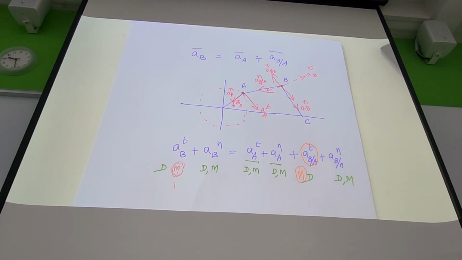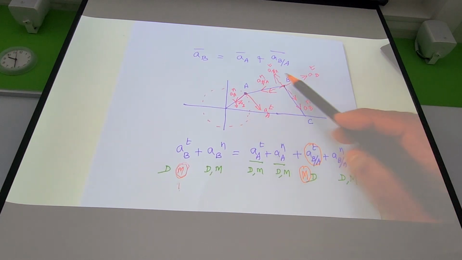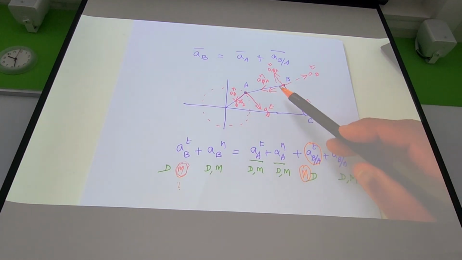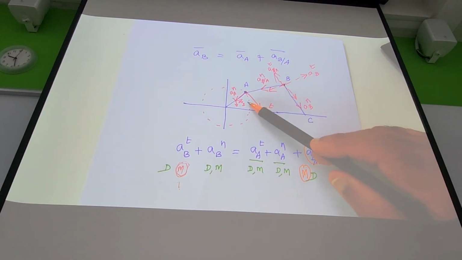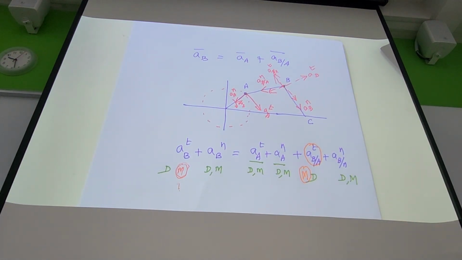Just like the velocity polygon, now you have additional components, tangential component and normal component. The good thing is these two components will be perpendicular to each other, because you already know the directions of all the links. So the normal accelerations will always be in the direction of the link. Magnitudes also you know because you know angular velocities.